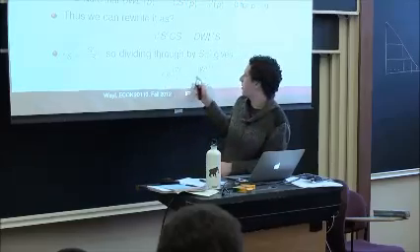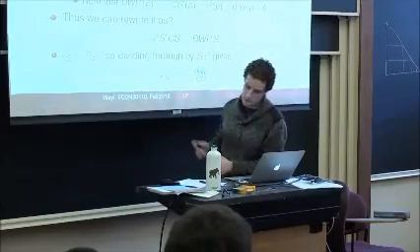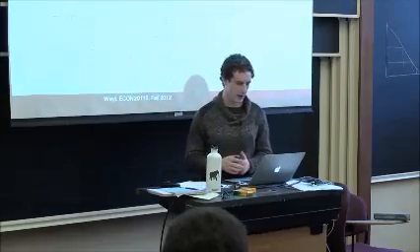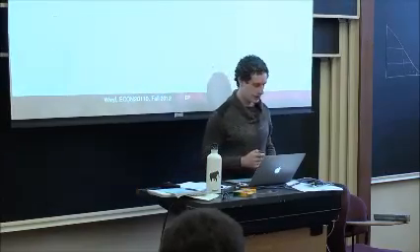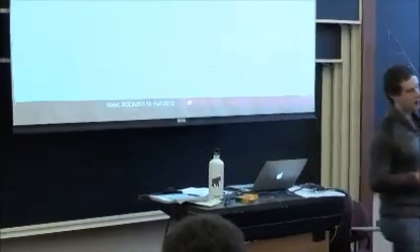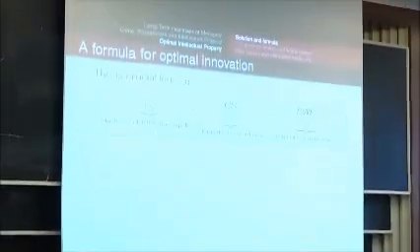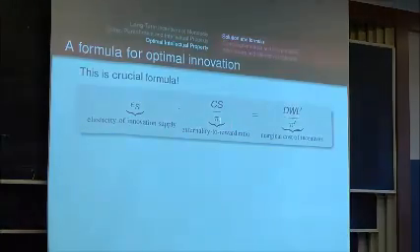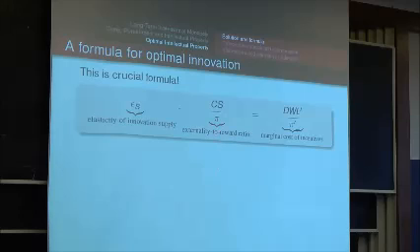This is the derivative of profit, sorry. That should be pi prime there. Okay, so this is the crucial formula. The optimal level of intellectual property sets the elasticity of innovation supply multiplied by the ratio of consumer surplus to profits equal to the ratio of the marginal deadweight loss to the marginal profits.